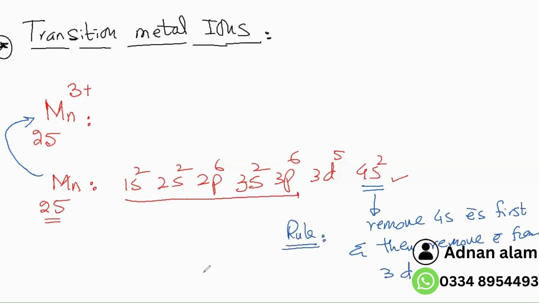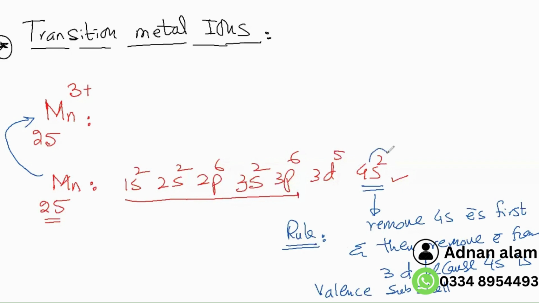You construct the transition metal atom's configuration roughly, and then remove electrons from 4s first, because 4s is the valence shell. Electrons are removed from the valence shell first, then from the inner shell.